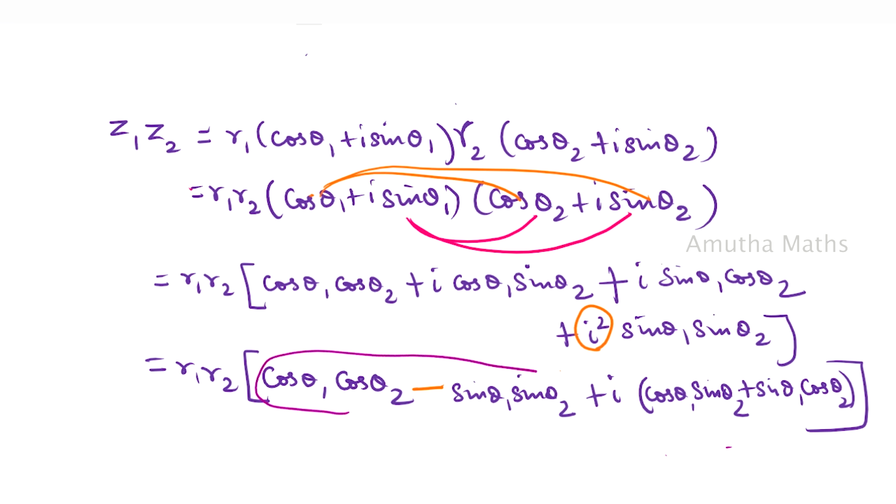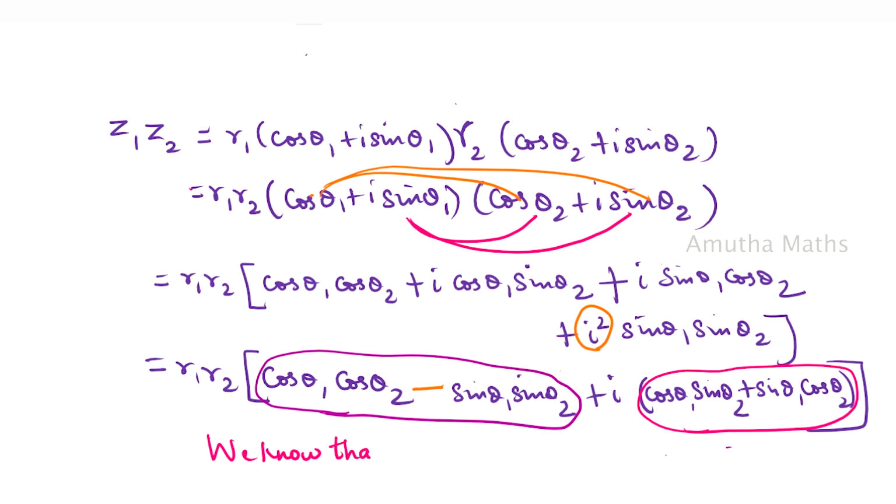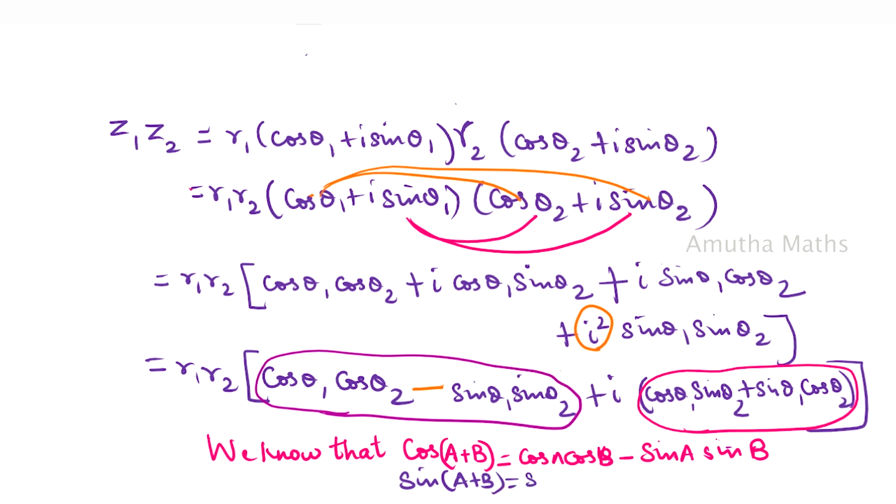Look at this. Do you remember seeing this formula somewhere? We know, we have studied the formula: cos a plus b is equal to cos a cos b minus sin a sin b. We have already studied this formula in the 11th standard, okay. Similarly, sin a plus b is equal to sin a cos b plus cos a sin b.